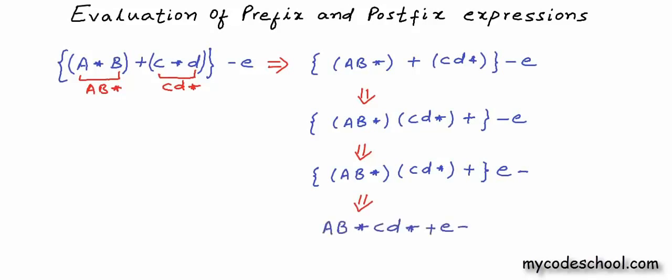They are not needed in postfix expression. This is how you can do the conversion manually. We will discuss efficient ways of doing this programmatically, and algorithms to convert infix to prefix or postfix, in later lessons. In this lesson, we are only going to look at algorithms to evaluate prefix and postfix expressions.